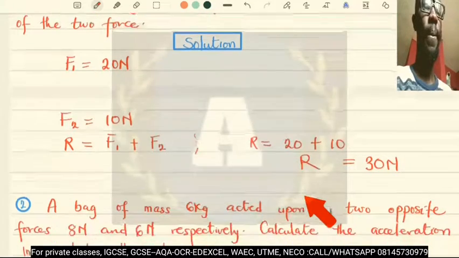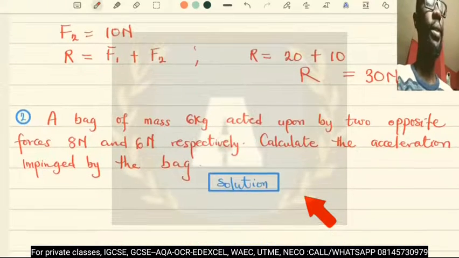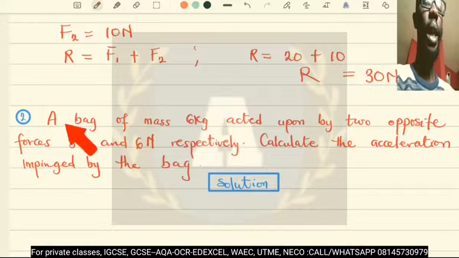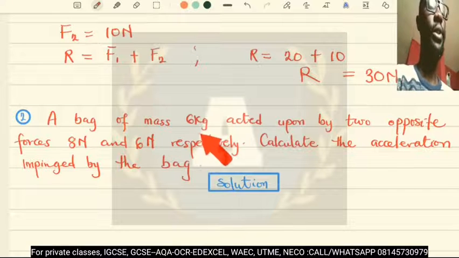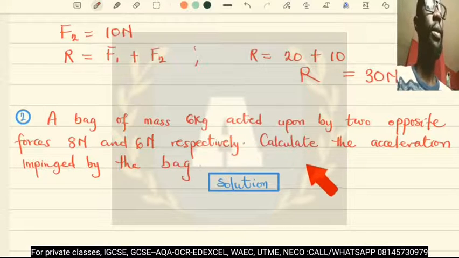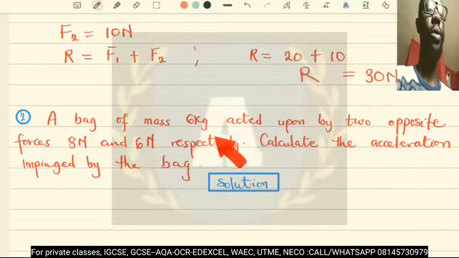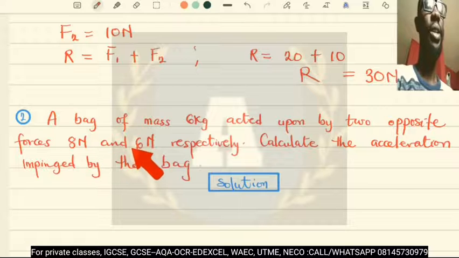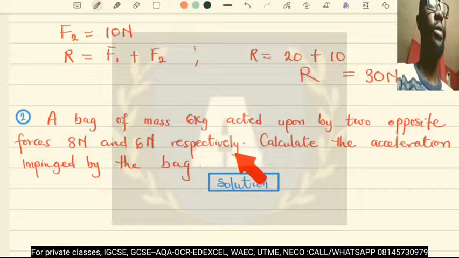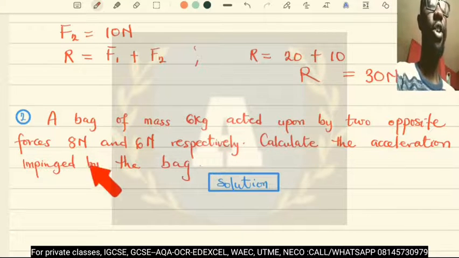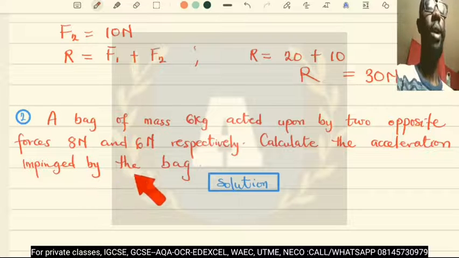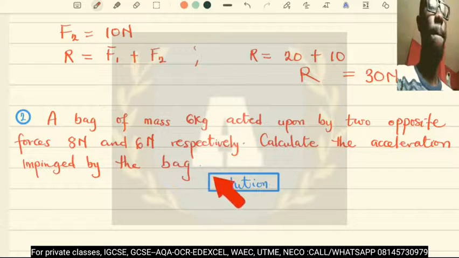So the next question says that a bag of mass 6 kg is acted upon by two opposite forces, 8 Newton and 6 Newton respectively. Calculate the acceleration impinged on the bag.